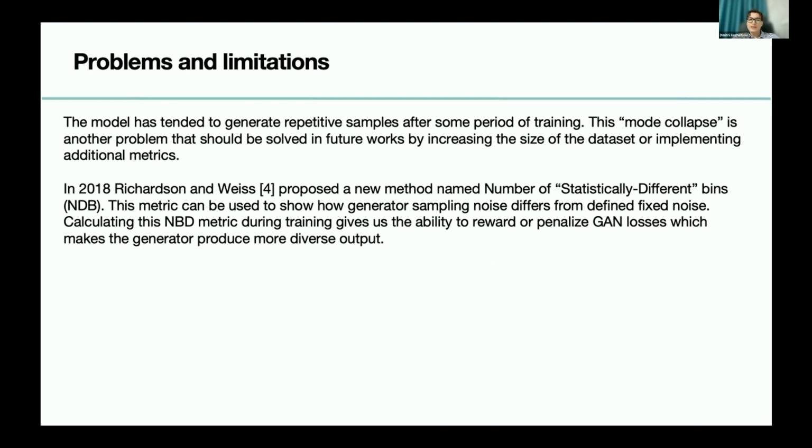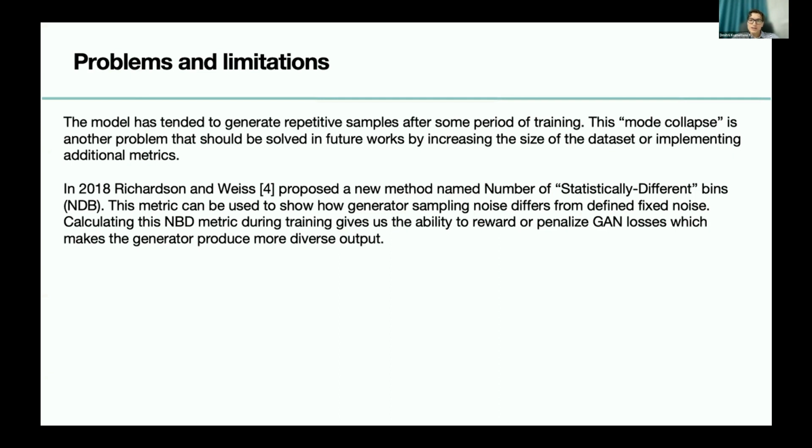Calculating this NDB metric during the training would be really useful for us to avoid mode collapse, but it will require more computational power because during our training steps, we apply some evaluation metrics, which always increases time.